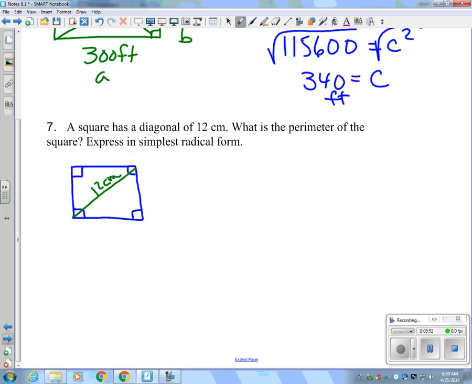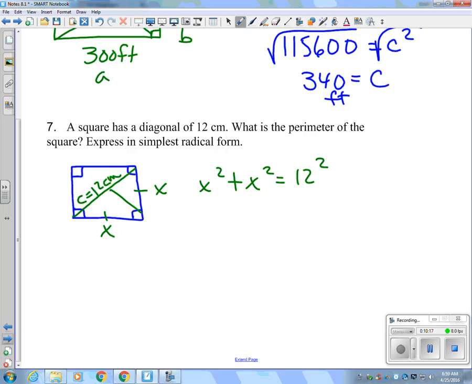Well, to find the perimeter, I have to know what at least one side is because all 4 sides are the same. So the thing that's interesting about a square is these two sides are equal. So if this is x, then this is x. So we have x squared plus x squared, because they're both the same, equals 12 squared. 12 has to be your C because it's the hypotenuse of the right triangle.